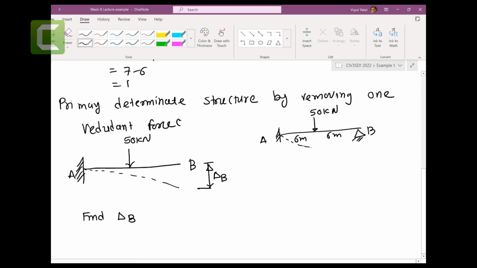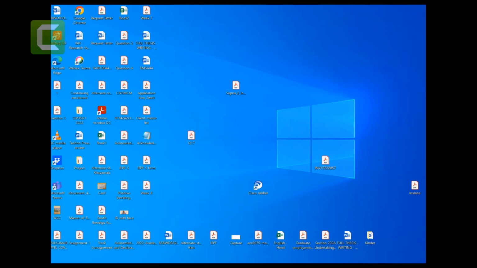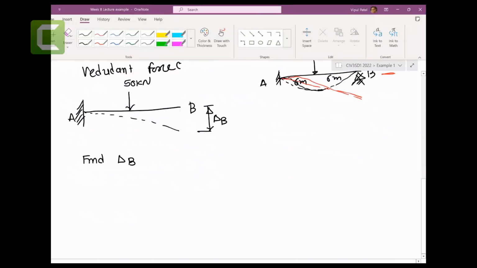So the deflection would be like this. But if I remove this support, then the displacements would become like this, right? So you have some additional displacement, that delta B, because when you remove the support, you will get this displacement. So let's find this displacement using the virtual work method.